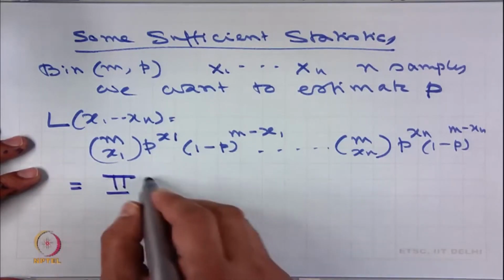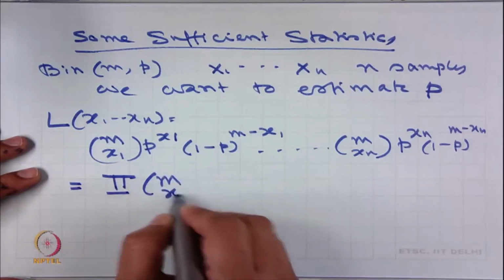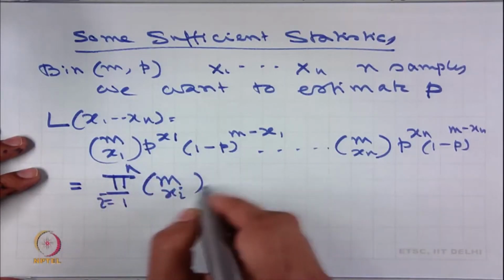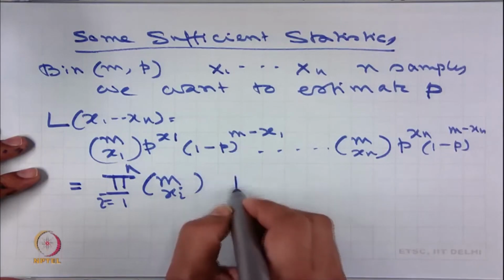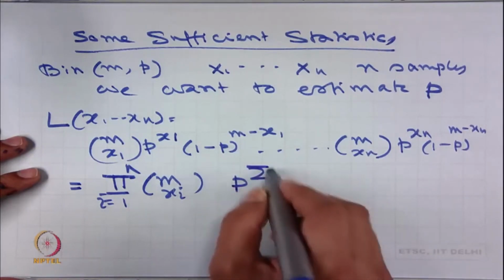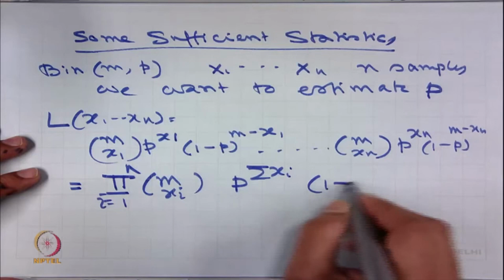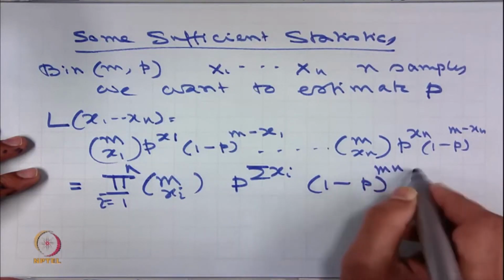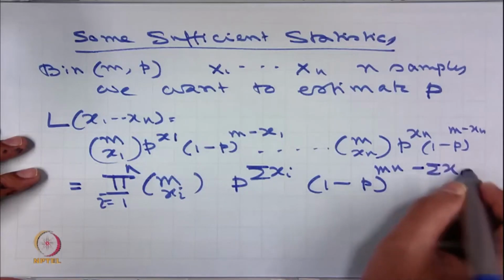product of mC xi, i equal to 1 to n, times p to the power sigma xi times (1 minus p) to the power mn minus sigma xi.